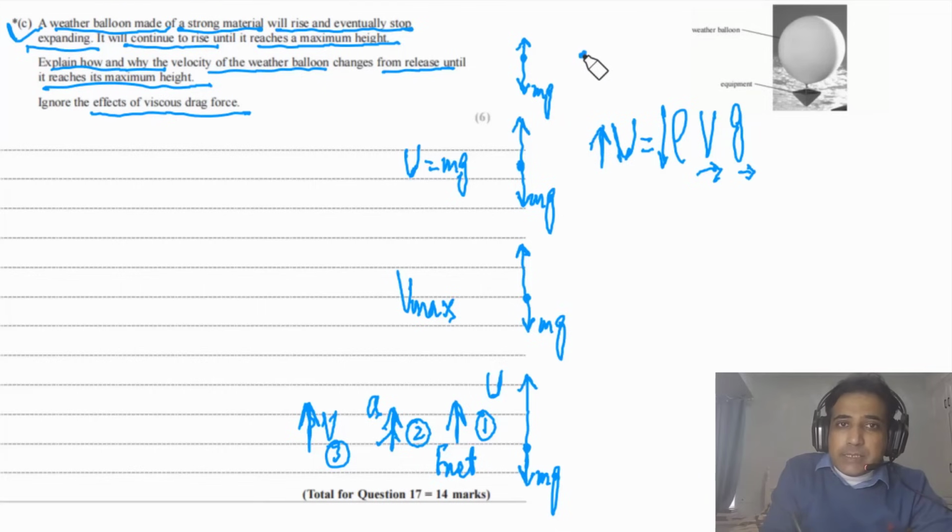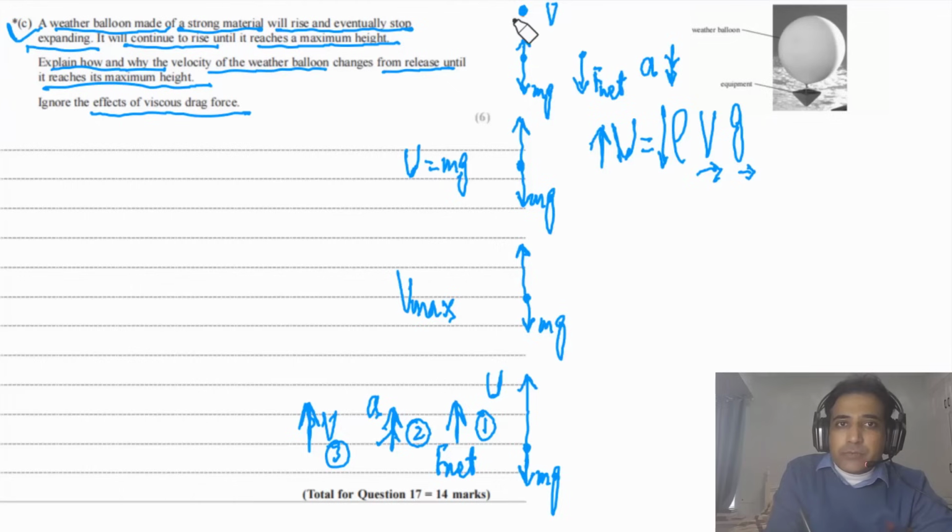So at this instant, net force is in the downward direction, so it means the balloon will decelerate. The balloon is rising up, acceleration is in the downward direction, so it will decelerate, and finally at one point it will stop rising. So at this point the balloon will stop rising.